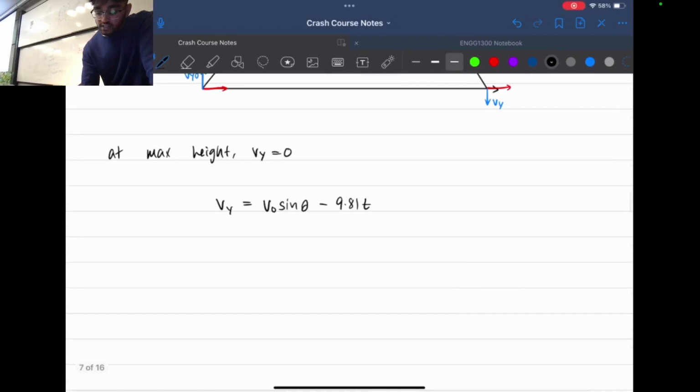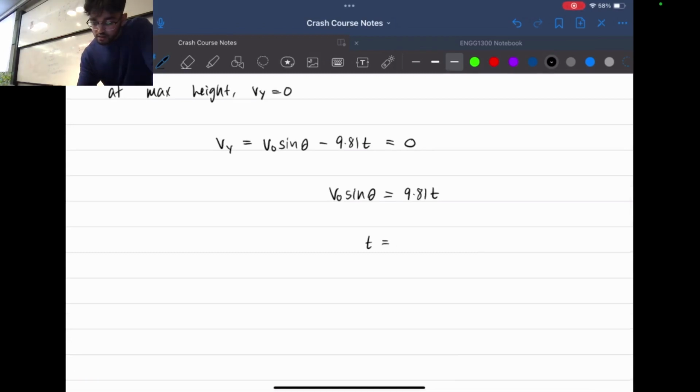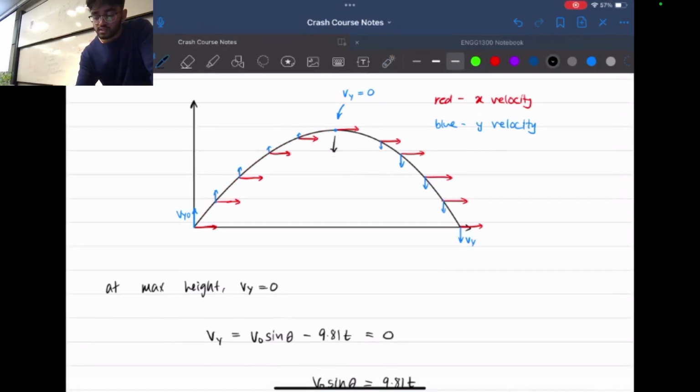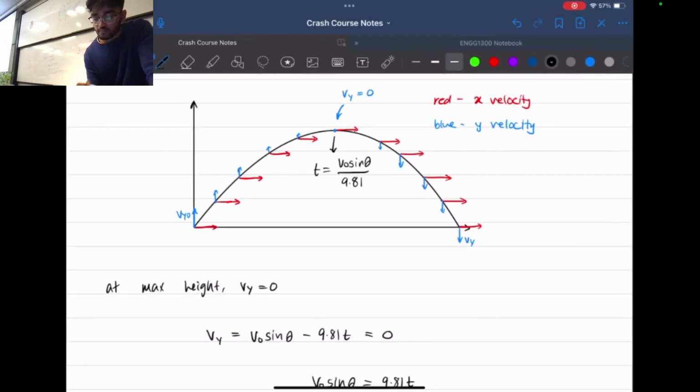And if this equals 0, we can say that V0 sine theta is equal to 9.81 times t. What I'm going to do from here is make t the subject. So t equals V0 sine theta over 9.81. So as time goes on, at this point, the time will equal V0 sine theta all over 9.81.